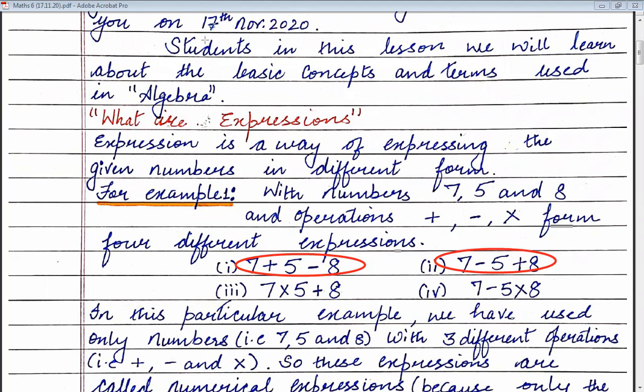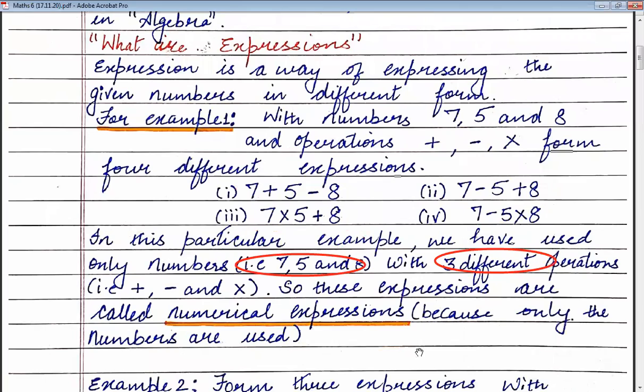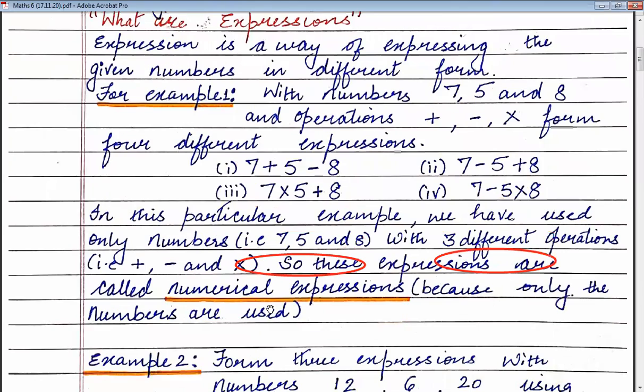So children, if we are using only numbers, those expressions are called numerical expressions. So all these four expressions are called numerical expressions. Why are they called numerical expressions? Because here we have used only numbers.